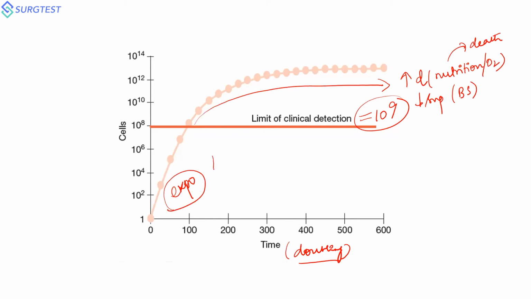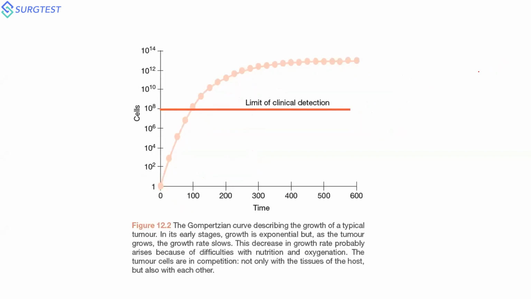Initially, when the demand was less and blood supply was more, there was an exponential growth phase. Once it achieves 10 power 9, the ceiling phase or the cutoff phase, after which there is no further multiplication, or the multiplication is not as aggressive as before, because it has attained saturation, because there is increased cell turnover in the form of cell death as well, because there is increased demand in the form of nutritional requirement for the cellular metabolism.